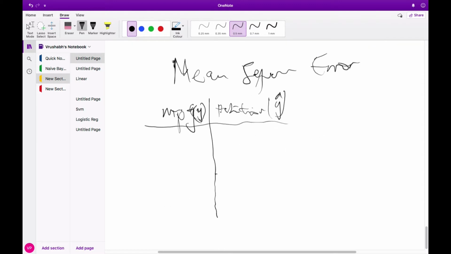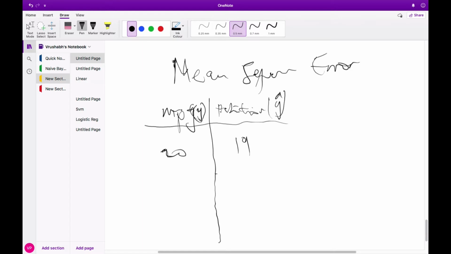Now, if we have this kind of situation, what happens is that the actual miles per gallon of the car is say 20, and after we build the algorithm, we're able to predict that the miles per gallon is say 19. Although it's closer, it's not exactly 20.